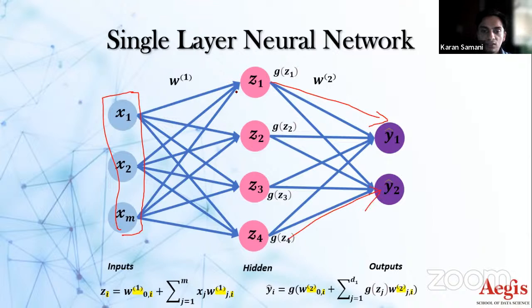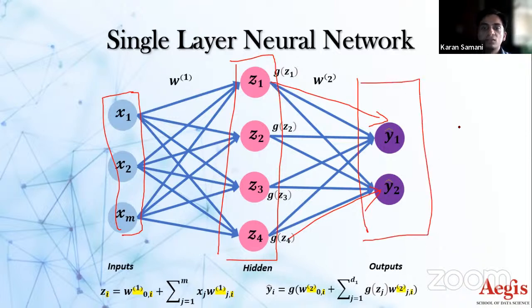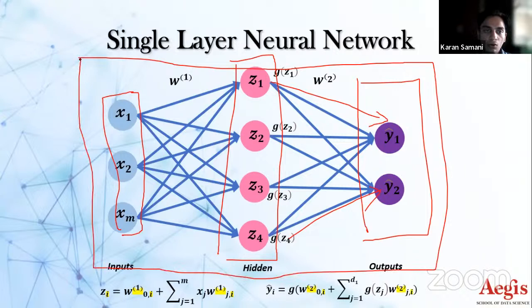So this is how a single layer neural network looks, with a single hidden layer, a single input layer and a single output layer. From a single unit, a perceptron, we came to a whole layer and a whole architecture of the neural network.